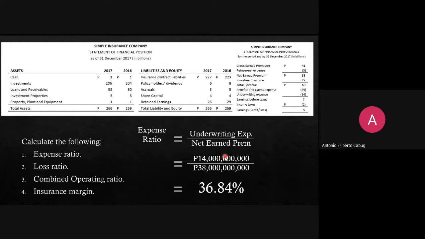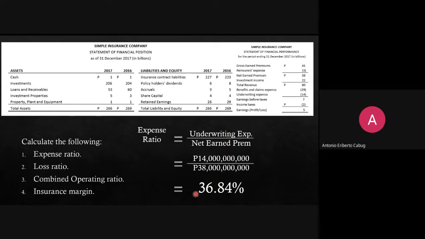You have 36.84%. So from the sales of policies, premiums are earned net of insurance expenses, reinsurance expenses. You have 38 billion. Out of the 38 billion, 14 billion is being spent on underwriting related. So you can compare the underwriting expenses with the other insurance companies.